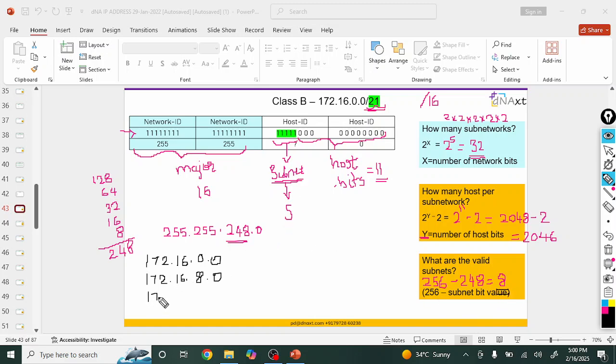Then 172.16.16.0, फिर से 8 का increment in the third octet. When you do increment of 8 again, then it will be 24.0. These are 4 subnetwork. ऐसे how many subnetworks you are going to get? 32. Let's write down few more.